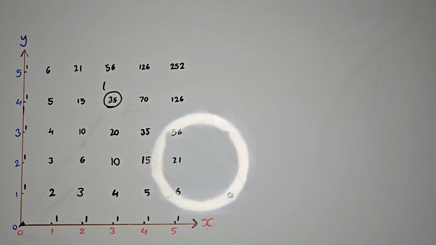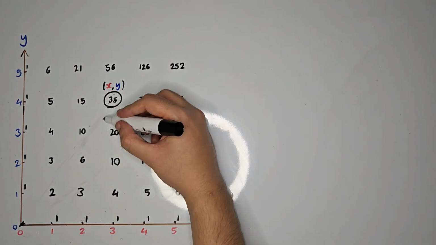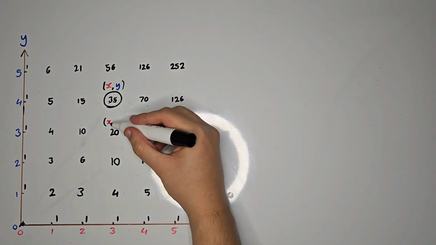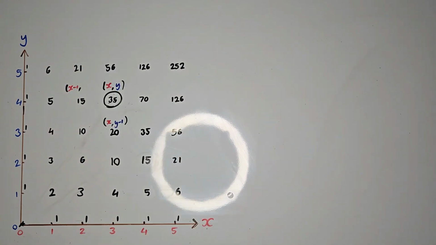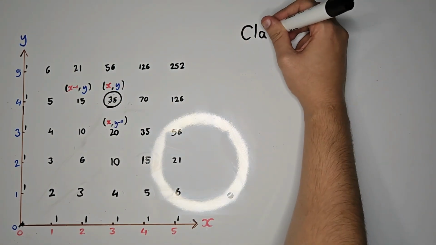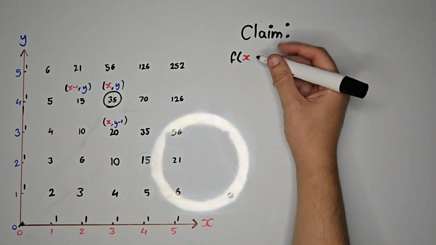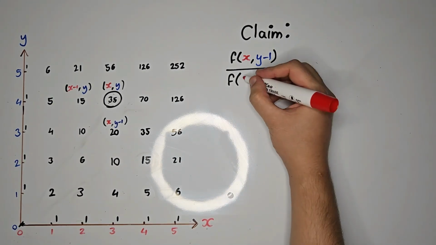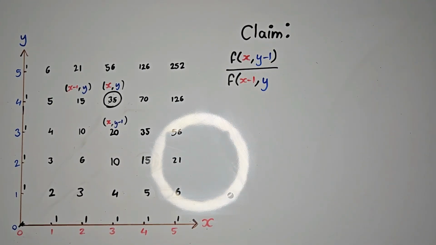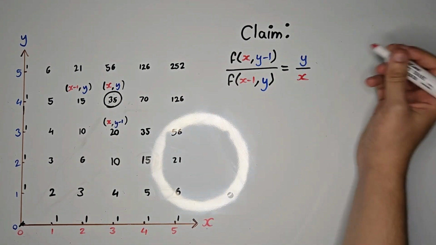We could look at this from another way, starting with a number and looking at the ratio of its parents. For a number at the point x, y, its parents will be found at the points x, y minus 1 and x minus 1, y. So what we want to show is that the gradient of the line that passes through the origin and any given number is equal to the ratio of the parents of said number, which would mean that f of x, y minus 1 divided by f of x minus 1, y is equal to y divided by x.